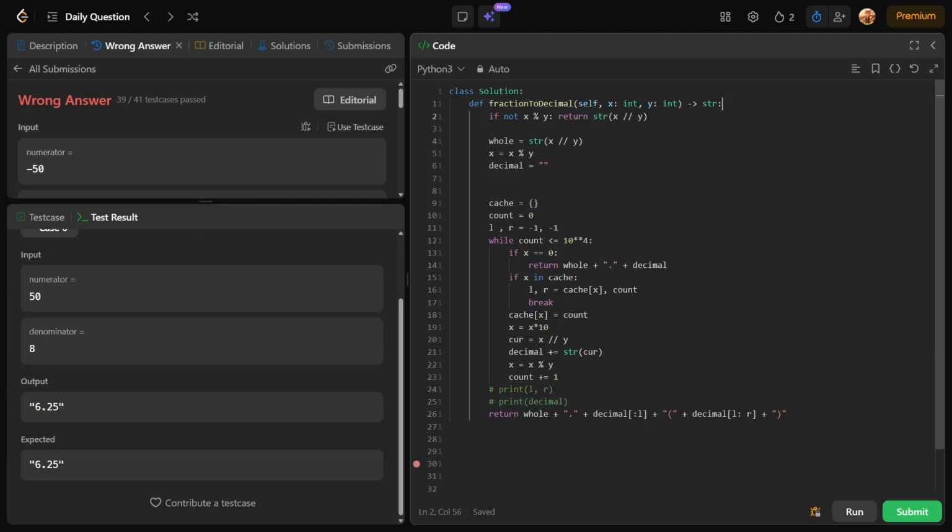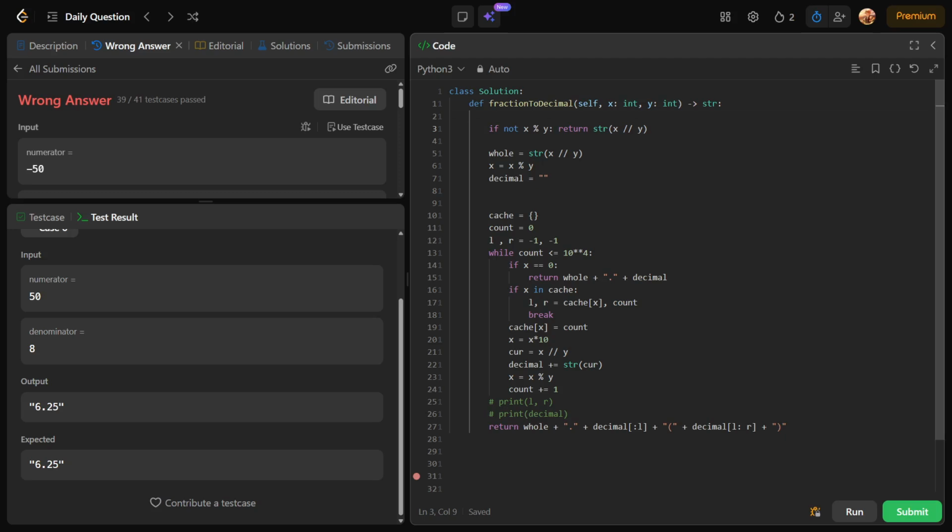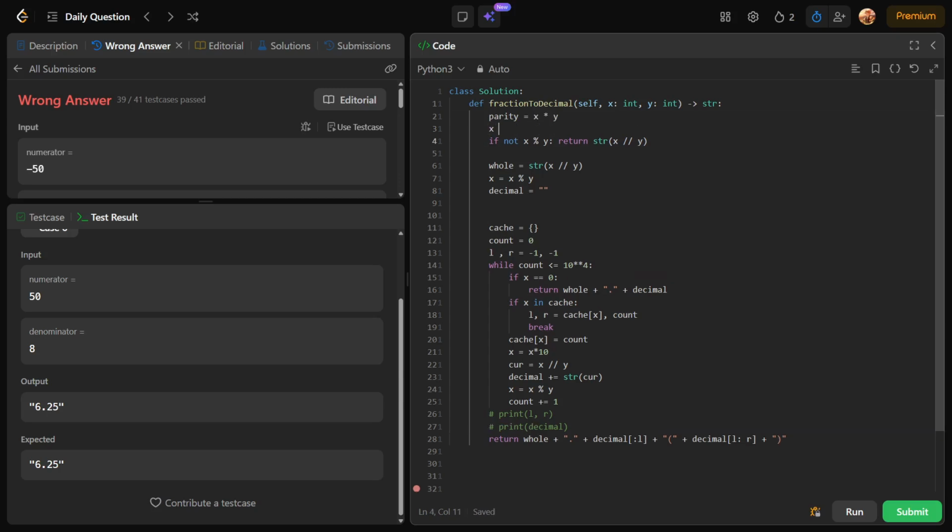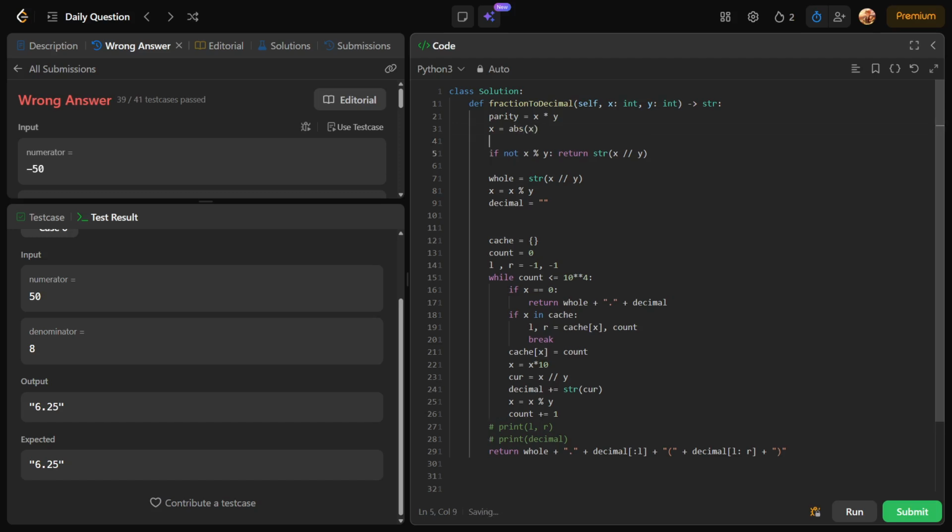So parity is equal to x star y, x is equal to absolute of x, y is equal to absolute of y.